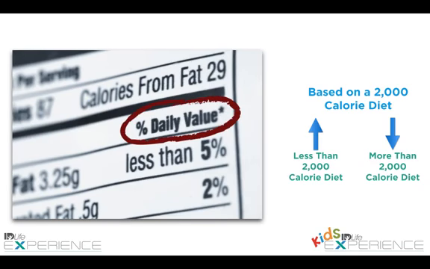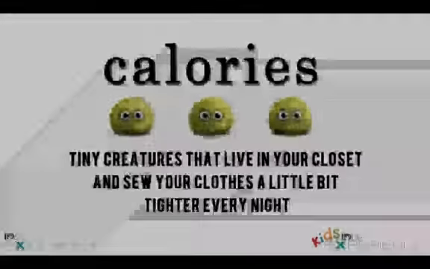If you are looking at a label and it says that you're consuming 50% of your daily value, realize that's based upon a 2,000 calorie diet. If your normal calorie consumption is in the 1,600, 1,700, 1,800 calorie range, that number is actually much greater than 50%. So be real careful if you're going to rely on that percentage daily value as an indicator of how much you're actually consuming in that particular category. That's a place where people do get confused, so I want to make sure I point that out to folks.